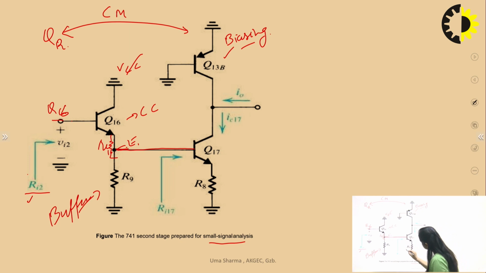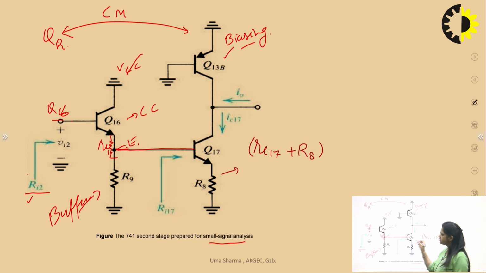So at the emitter node of Q17, I am writing the equation. So the emitter node is modeled with Re17, small signal resistance, and that is in series with R8 that you might have seen in the T model of BJT. So this Re17 is in series with R8, because in this diagram we have drawn the AC equivalent circuit.